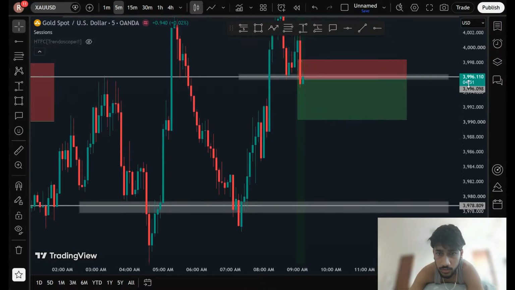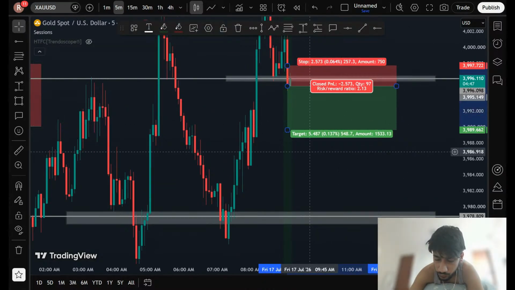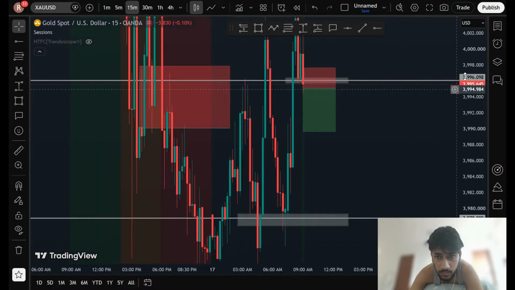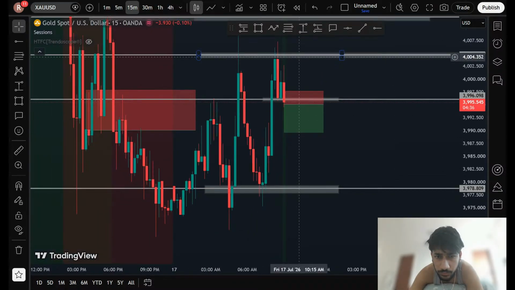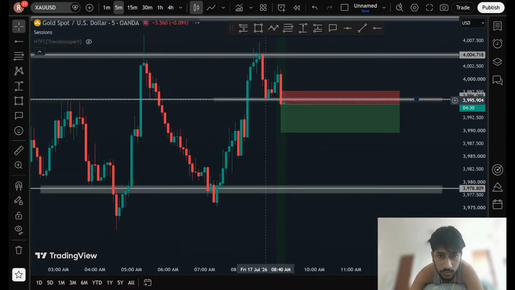I took a sell right over here, and my TP is based on 15, this is the full range, so maybe 50% of the range.